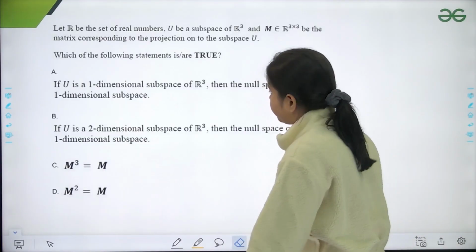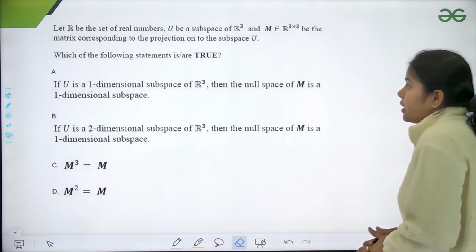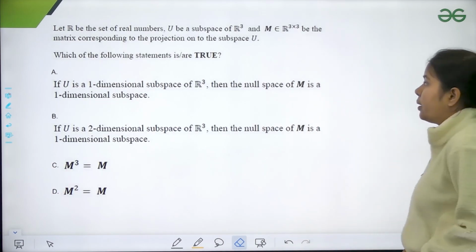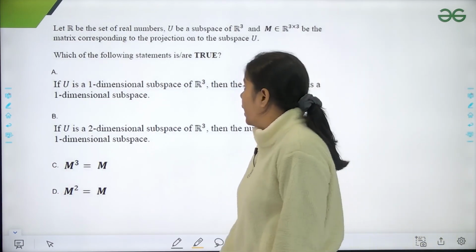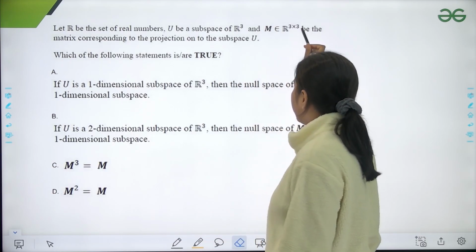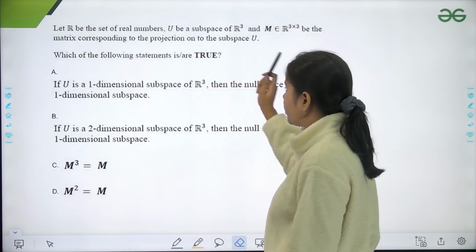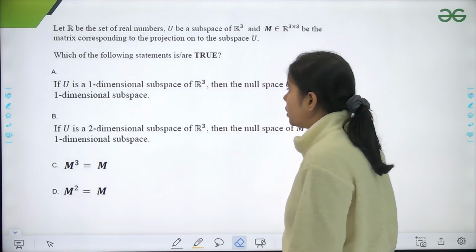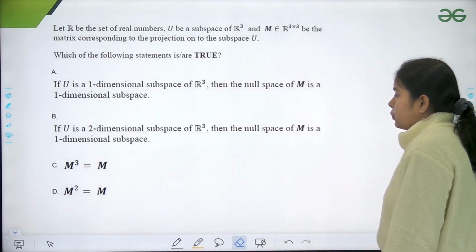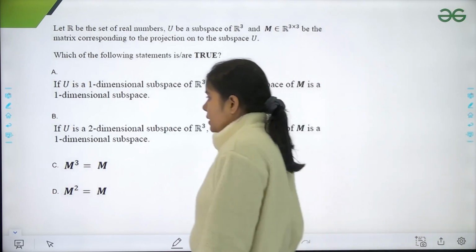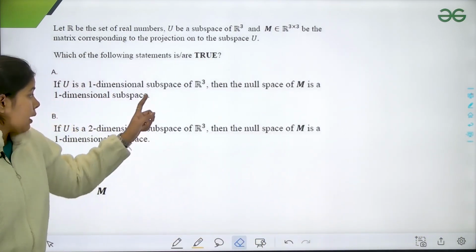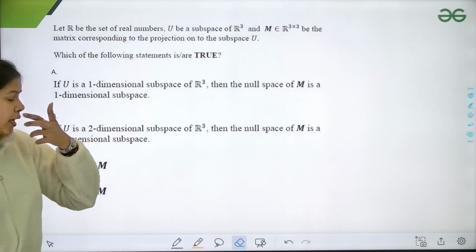Now, this is another question. It says R is the set of real numbers, U is a subspace of R cube, and M is a matrix of order 3 cross 3, the matrix corresponding to the projection onto the subspace U. Then which of the following are true? First of all, this says that if U is one dimensional, then the null space of M is a one dimensional subspace.